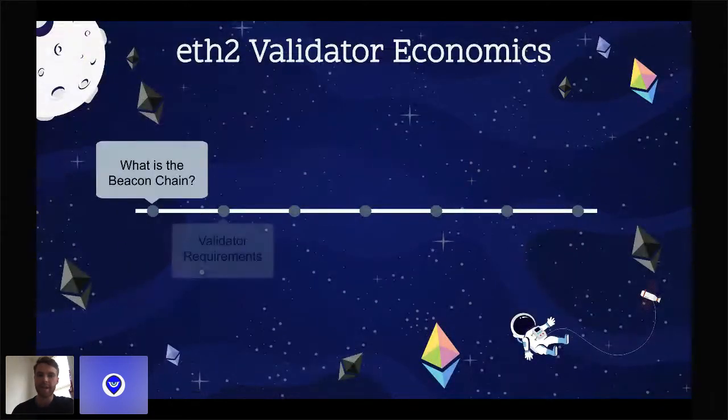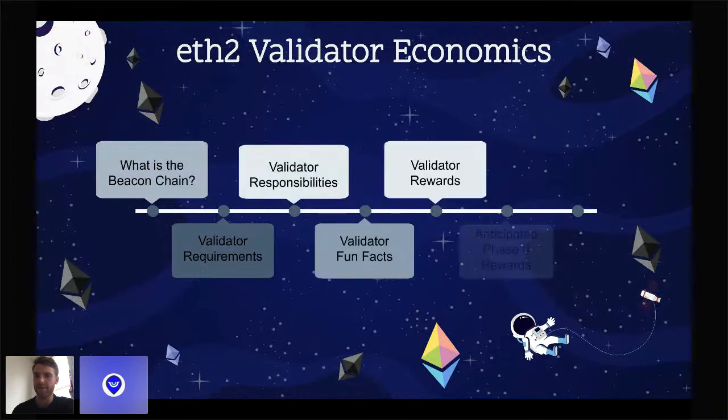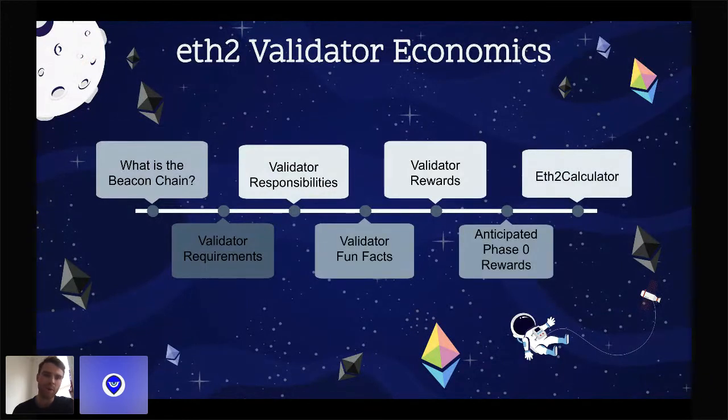So here's the overview of what we're going to tackle today. We'll start with what is the beacon chain? It's not something that we'll go too in depth on, as the guys from Prismatic covered that really well. We'll talk a little bit about validator requirements. What are my responsibilities as a validator? Some fun facts, which I think also help get your mind in the right place, and higher level things. It's a very complex system, so explaining the rewards is an iteration over time as to how to make these things simplified.